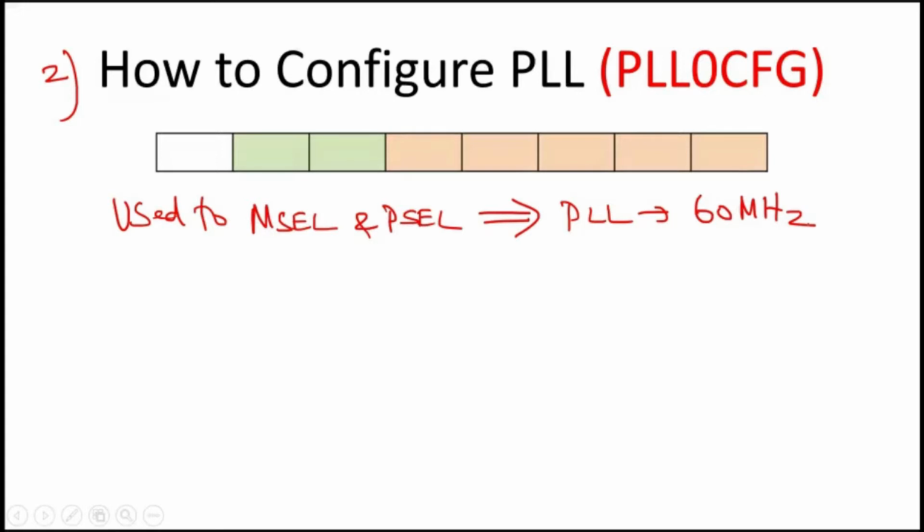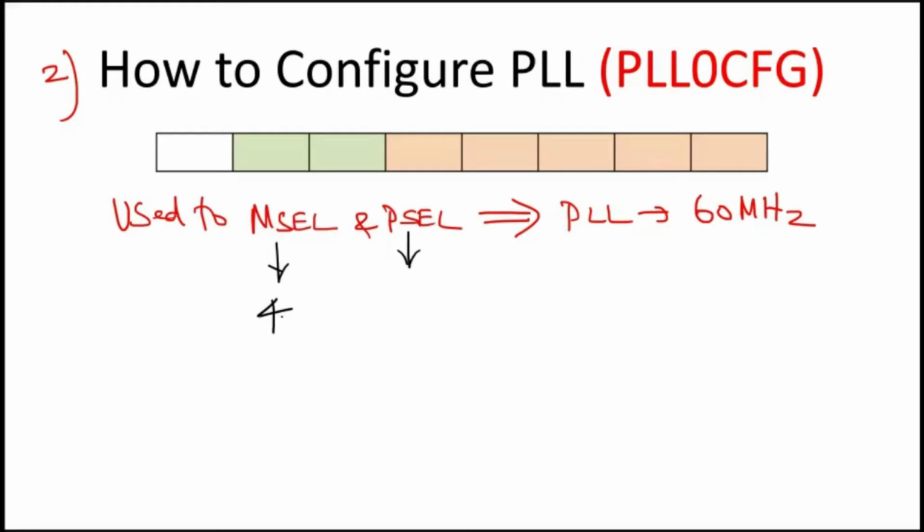So you have to load appropriate values of M select and appropriate values of P select, so that the PLL will generate 60 MHz. The desired value of M select is number 4.